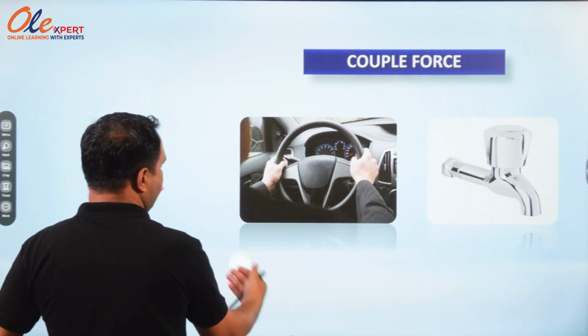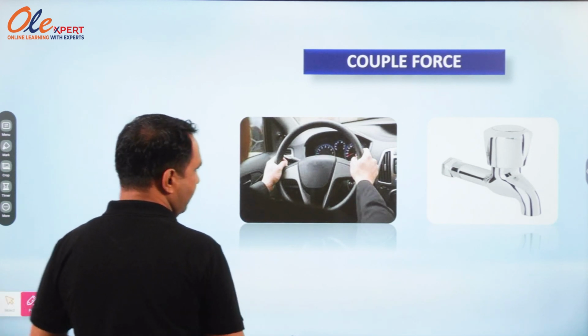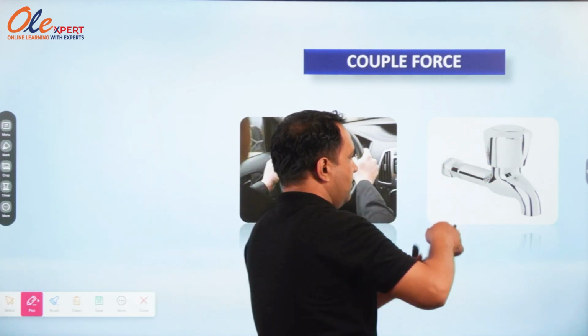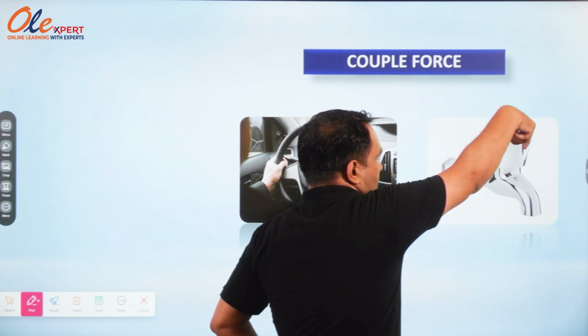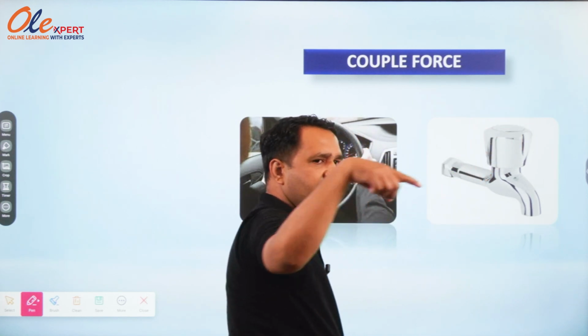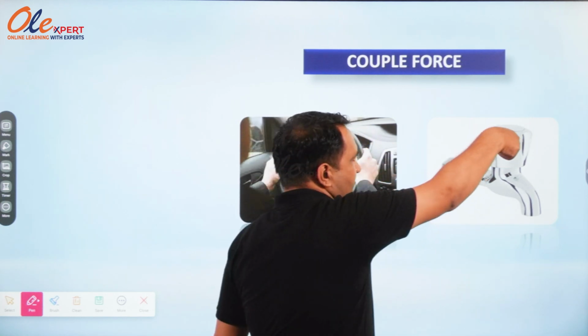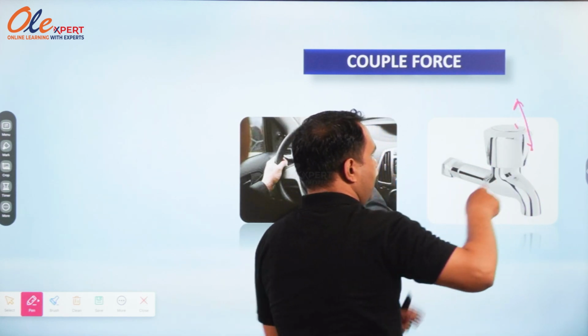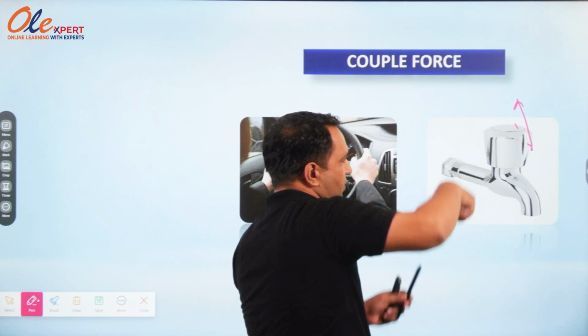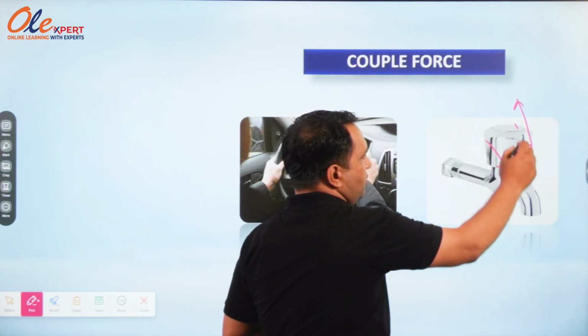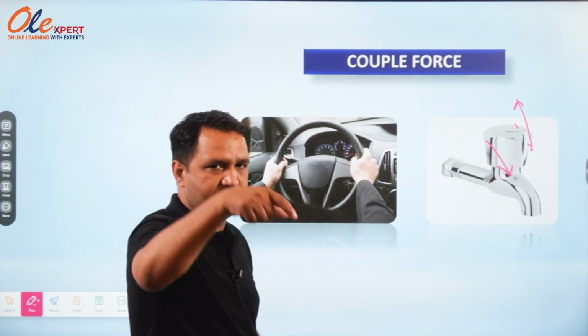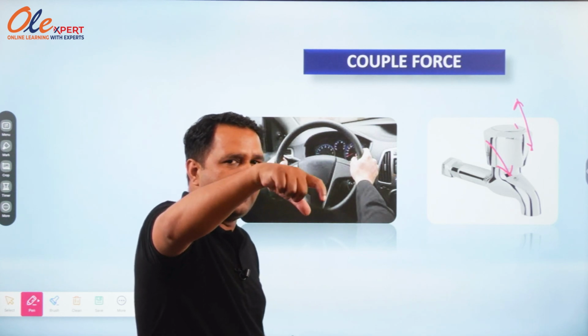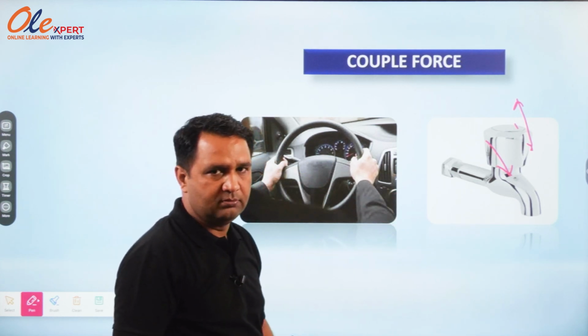When we open or close any tap, we apply force from both sides. The forefinger applies force in this direction, and the thumb applies force in this direction. So two equal and opposite forces.